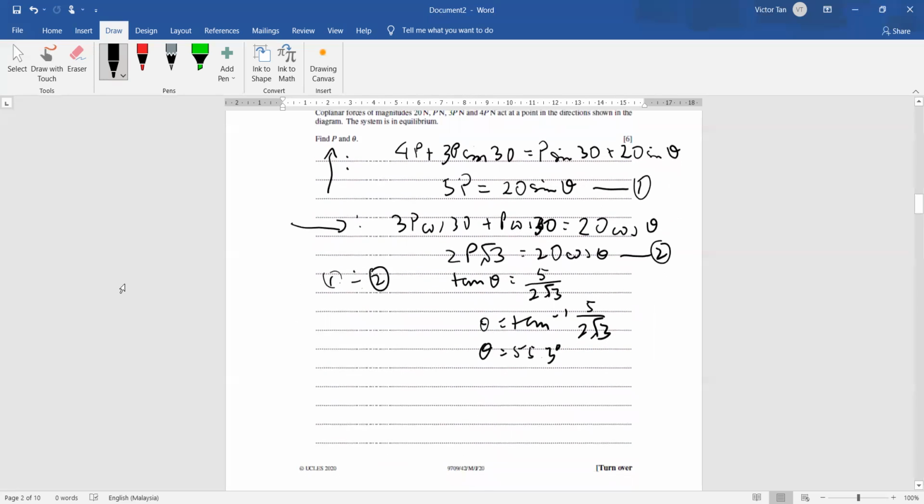Okay, next, sine squared theta plus cos squared theta is 1.